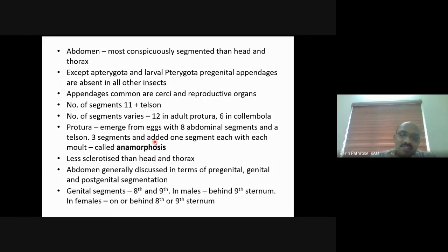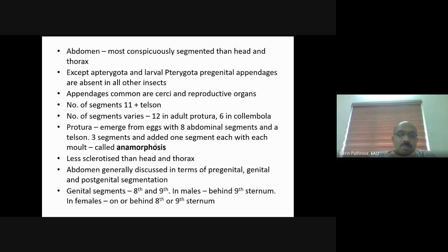In all other insect groups, it is epimorphic development. Epimorphic means the number of abdominal segments remains constant throughout the life stages. It won't increase or decrease during the developmental time. In anamorphic development, seen in Protura, abdominal segments are added with each molt.